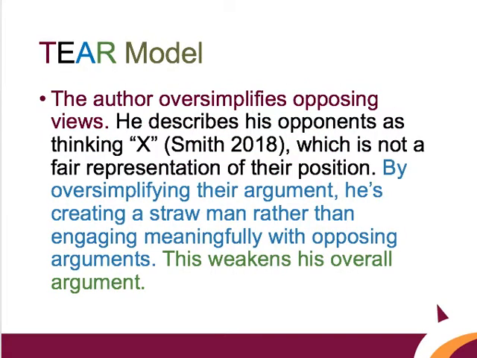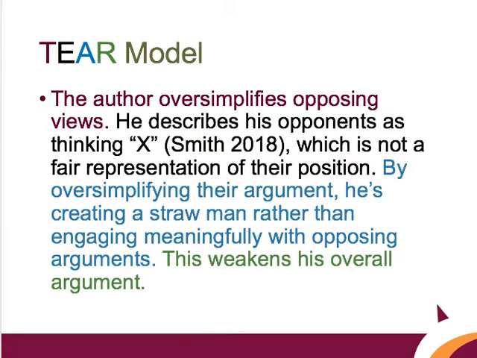Now, the TER model, we went over this a while ago, remember. This is how your body paragraphs will be structured. This is a very basic sample, but it gives you the idea as a review. Reading from the slide: the author oversimplifies opposing views. This is the mini thesis of the paragraph. That's the T, right, the topic.